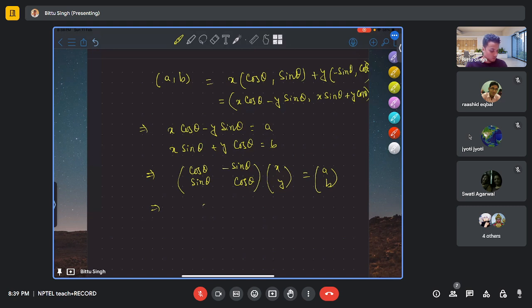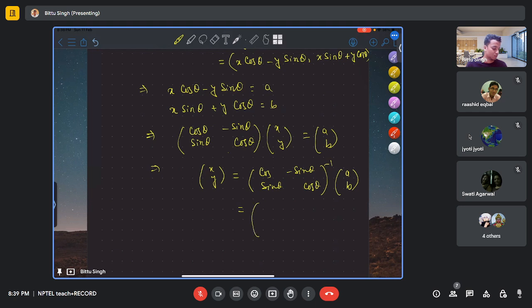Hence (x, y) is the inverse of this matrix, (cos theta, minus sin theta; sin theta, cos theta), times (a, b). What will be the inverse? The inverse will be (cos theta, sin theta; minus sin theta, cos theta) times (a, b).